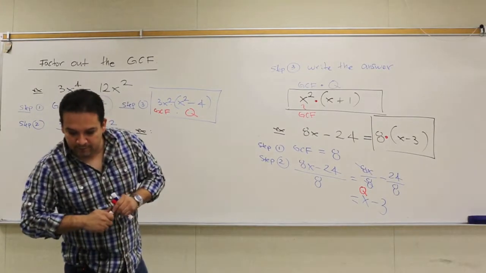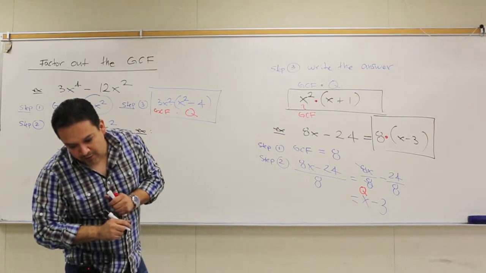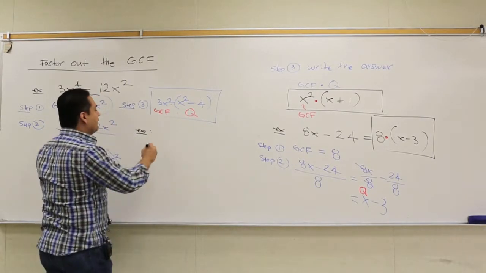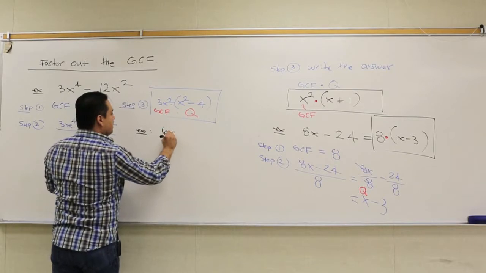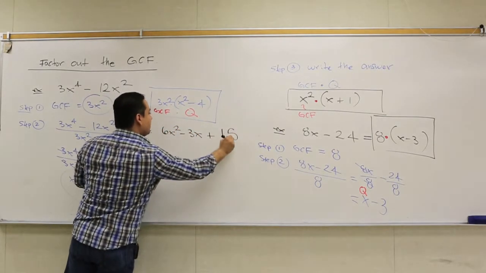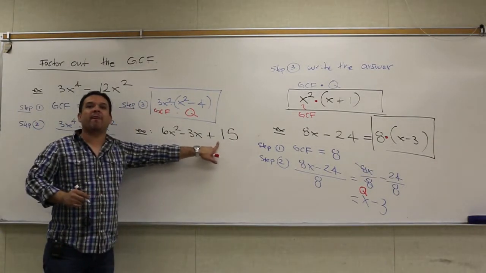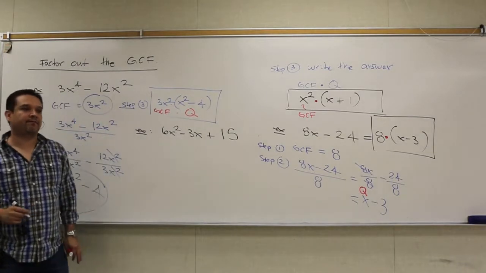Here we go. Let's give you guys some more here. How about this? 6x squared minus 3x plus 15. You may say, wow, you can have 3 terms to do here? Yes.